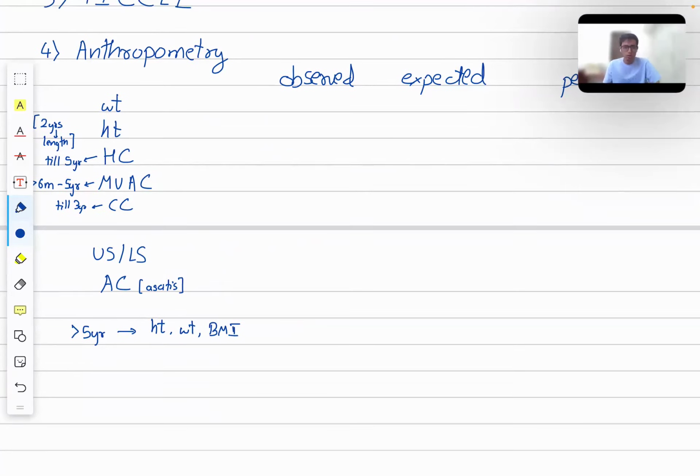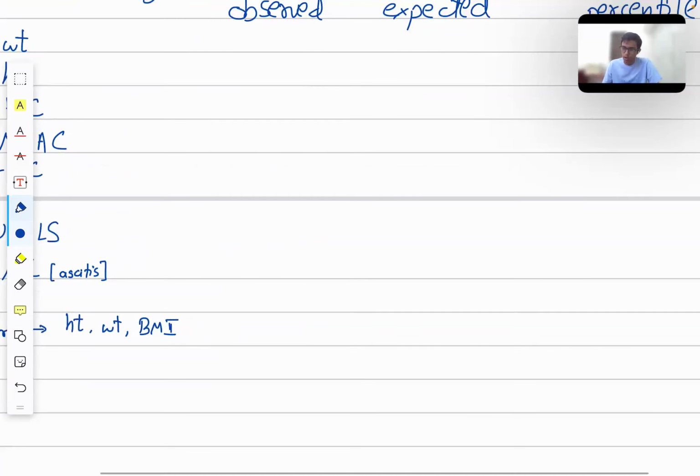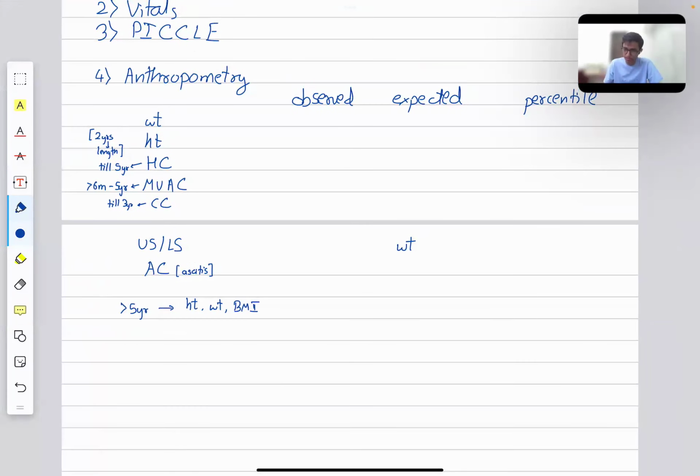Next, you have to plot these values on a growth chart. So you will plot weight for age, weight for height, height for age, head circumference. For MUAC, you do not have separate growth charts.